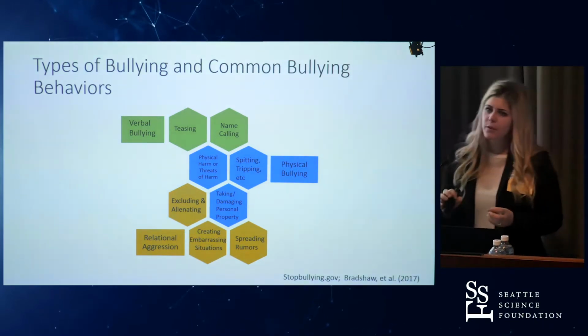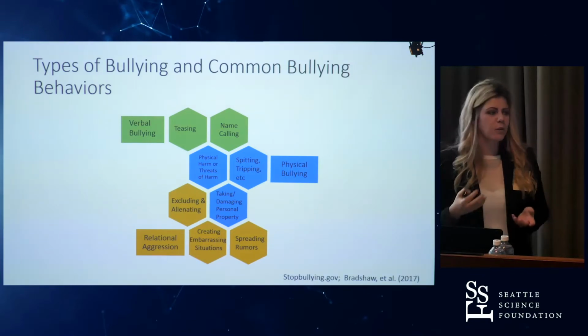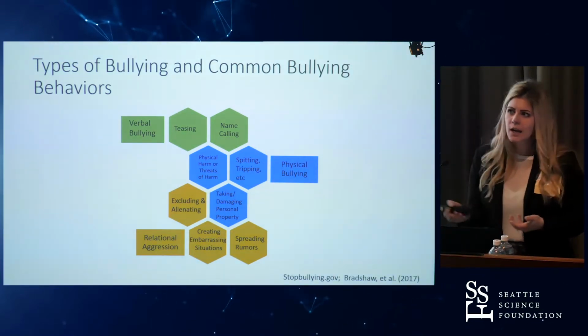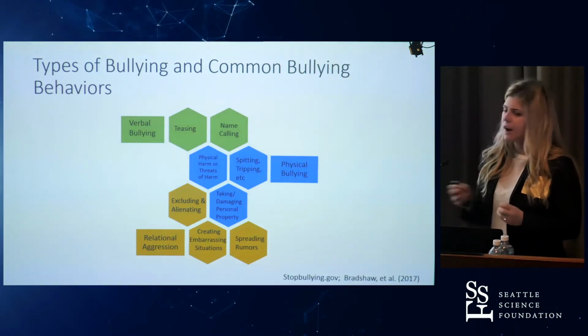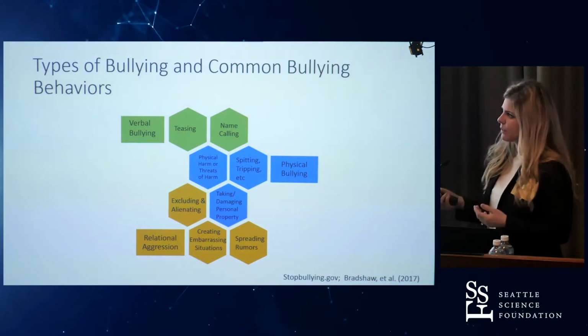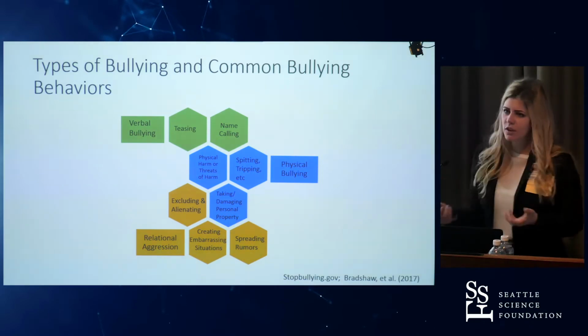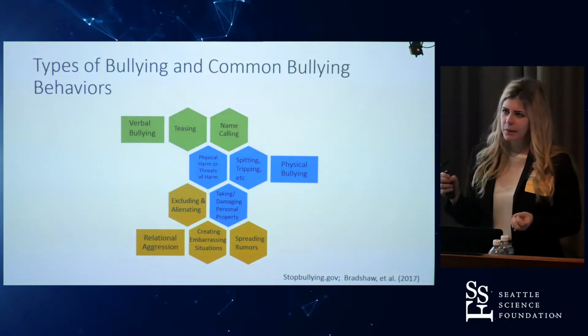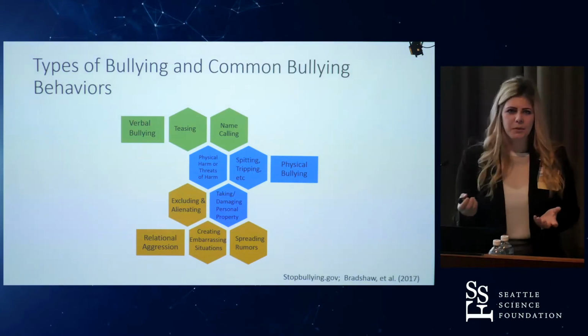If you're not as familiar with relational aggression, you might have heard the word psychological bullying, so that's going to fall under the same category. In psychological research, we often use the word relational aggression, so that's the preferred term. But it's essentially those same behaviors that you see here, and they tend to be a little bit more developmental.